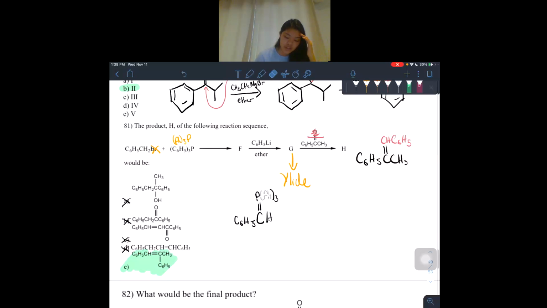If you guys want me to show you the steps for this, let me erase this. From these two reacting with each other will form C6H5, CH2, and then we will have the PPh3 here with a positive charge.